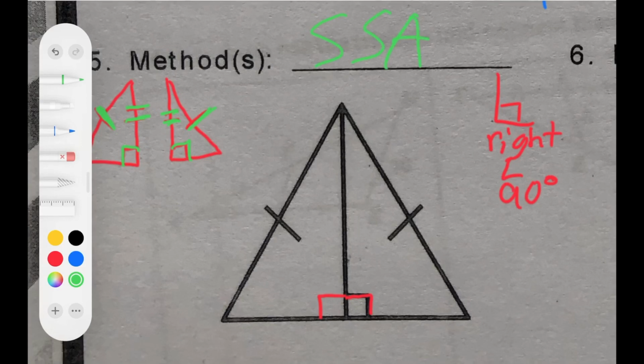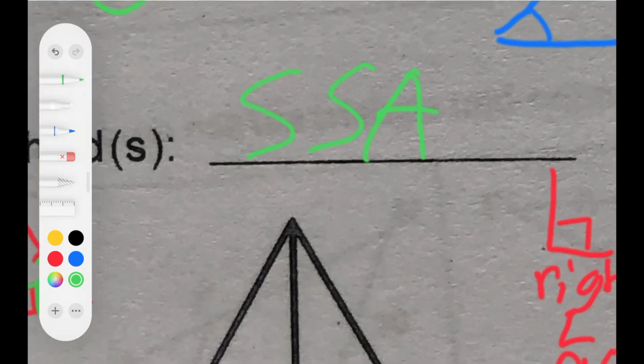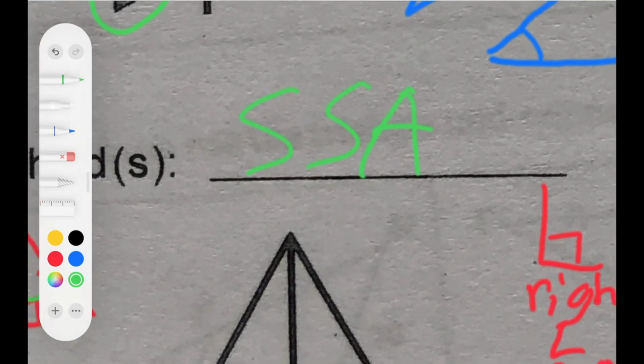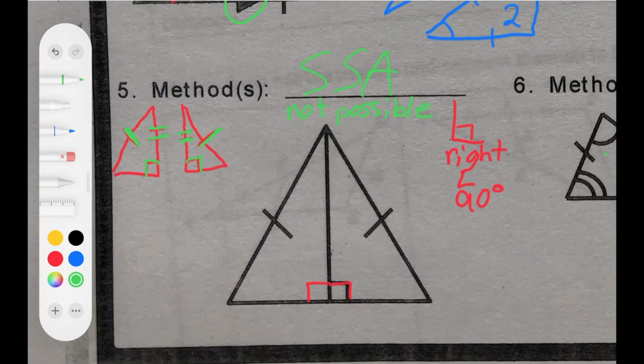Well, if you spell it a little bit different, we don't cuss in my class. So if we have this case, it is not possible. So it is not possible for number 5 to prove that they are congruent triangles.